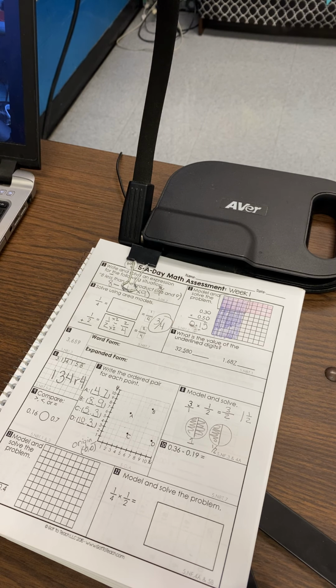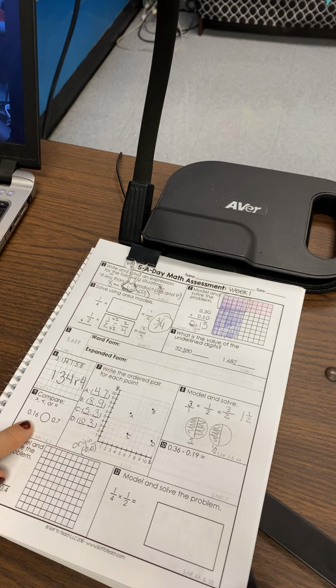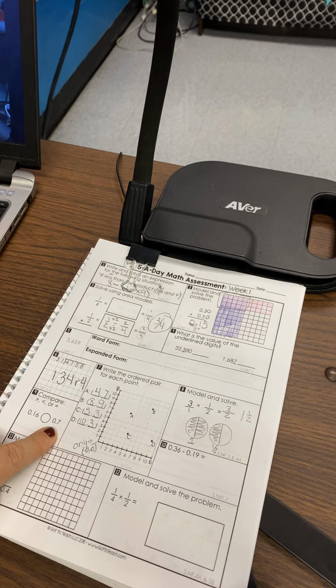All right, let's do number 9. Now, on number 9, 16 has 2 digits after the decimal, where 7/10 only has 1. So I have to give this another digit to make it the same. What digit could I add? A 0.